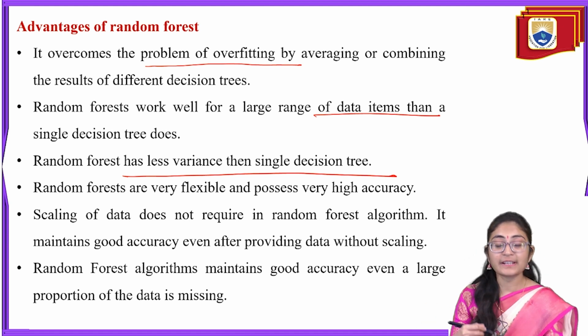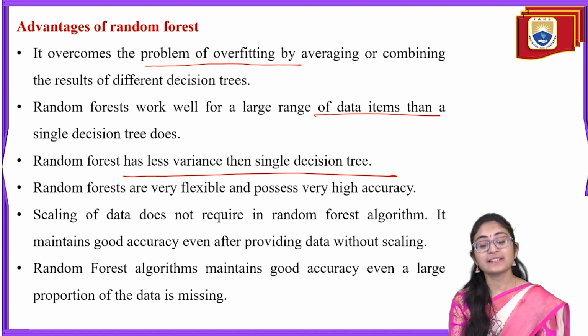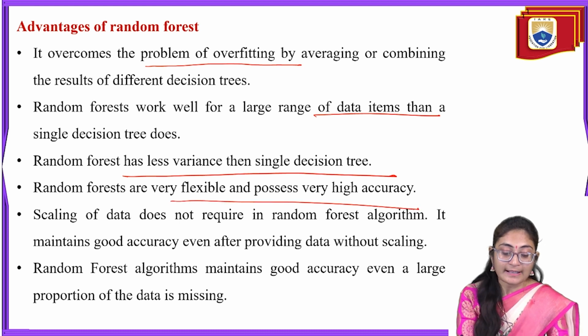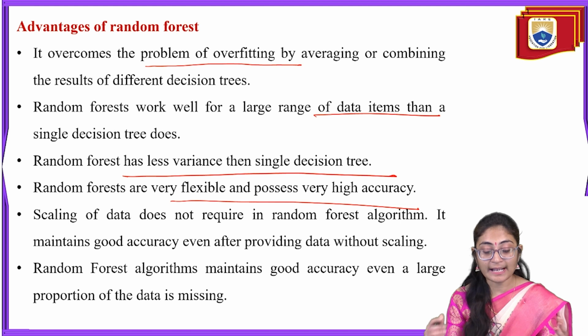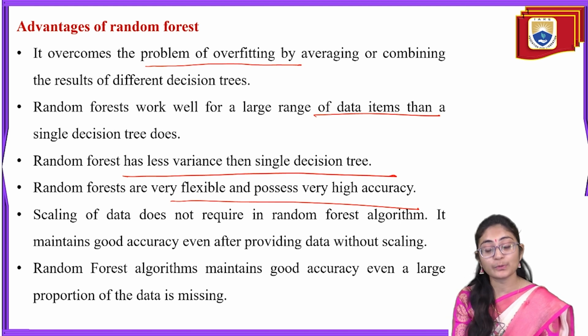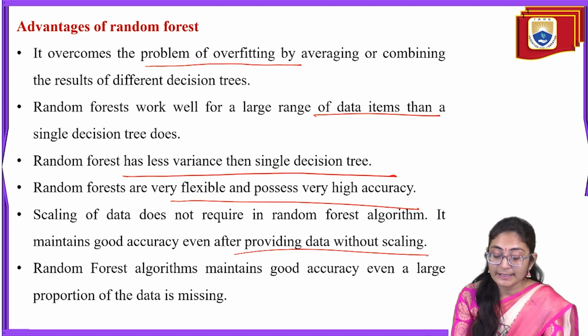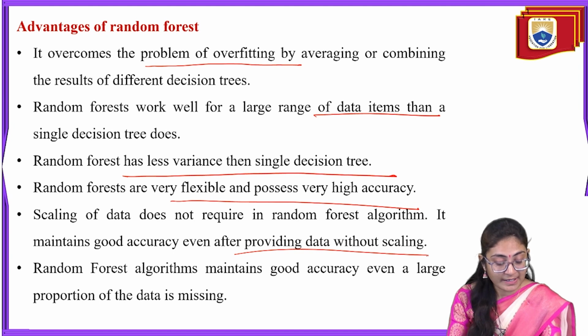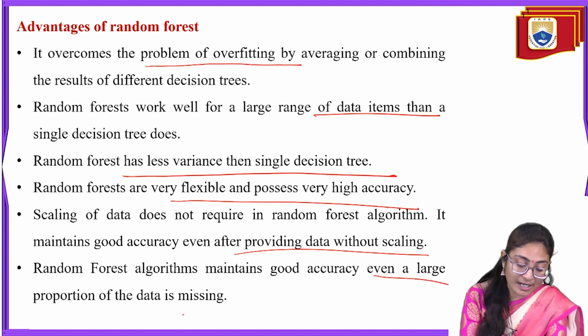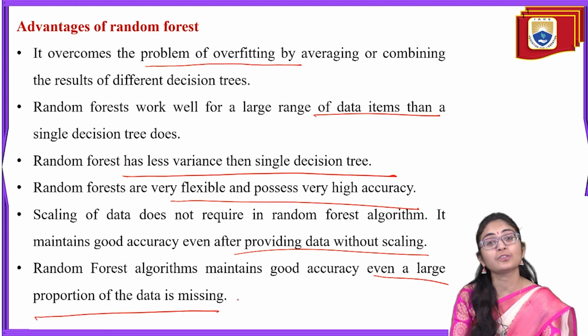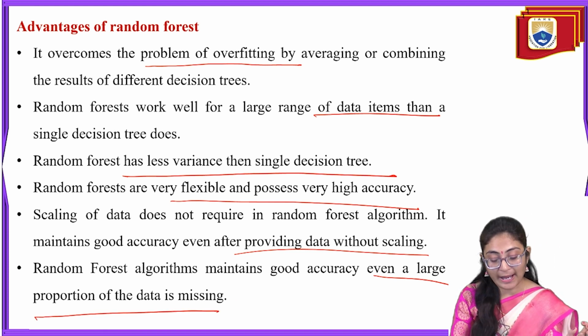Random forests are very flexible and possess very high accuracy. Scaling of the data is not required in the random forest algorithm, and that's why it can maintain good accuracy even when the data is provided without scaling. The random forest algorithm maintains good accuracy even when a large proportion of the data is missing.